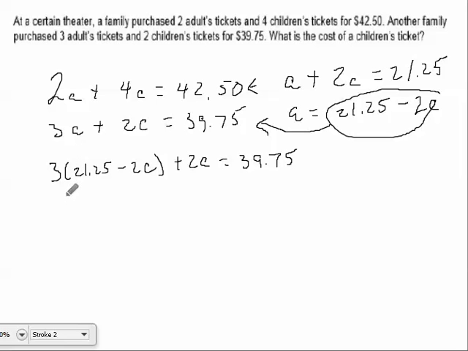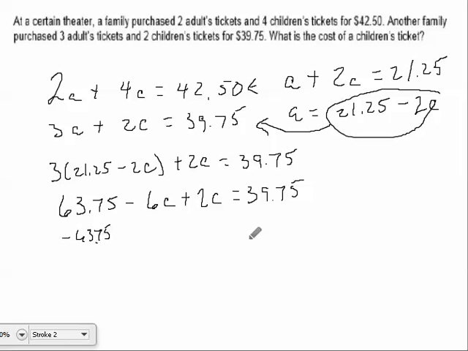Okay, now I'm going to do distributive property. 63.75 minus 6C plus 2C equals 39.75. If I subtract the 63.75 from both sides, I'm going to get, oops, can't do it in my head.